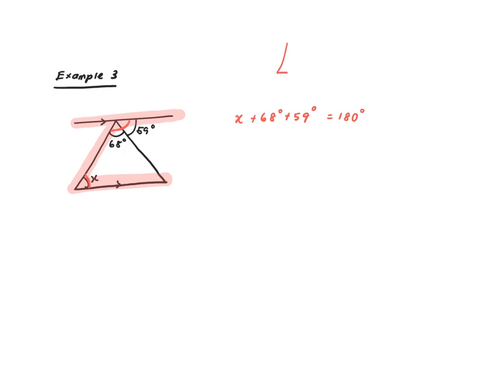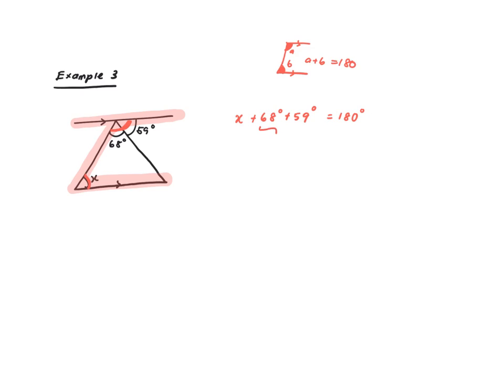If you remember the rule of C or U, that's parallel. The two angles that are inside, when we add them together, become 180. So we are applying the same rule here. We take this x and add both of these angles, 68 and 59, and that gives us 180.